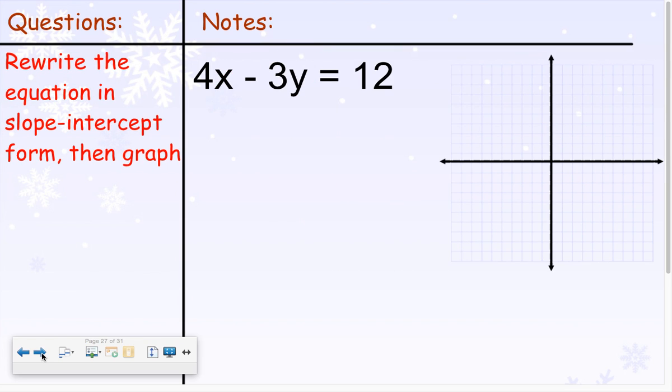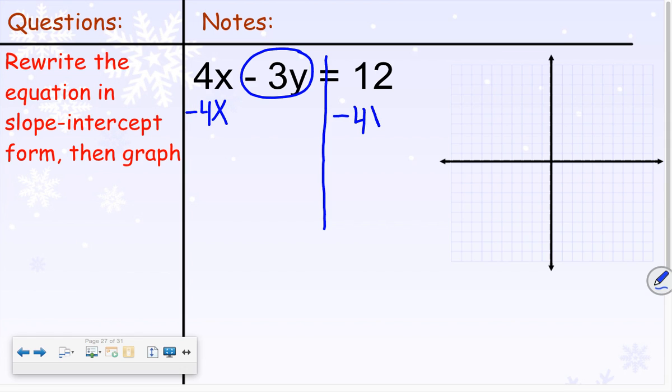For 4x minus 3y equals 12. This time my y value is negative, so I'm going to circle that entire thing so I make sure that I remember that it's negative 3y. So 4x is positive, so I'll subtract it on both sides. Bring down my negative 3y. My 4 this time is negative, so negative 4x. My 12 is positive.